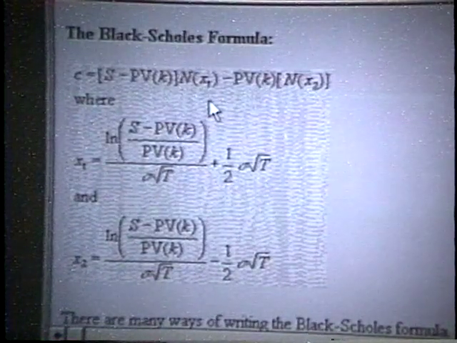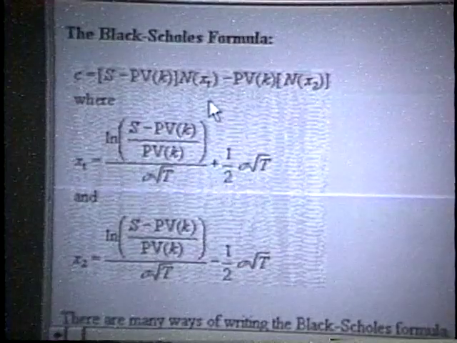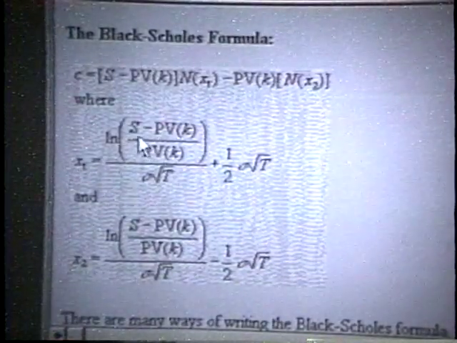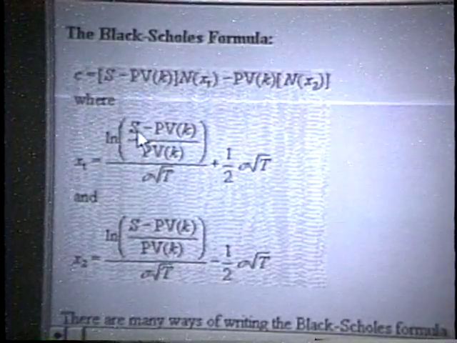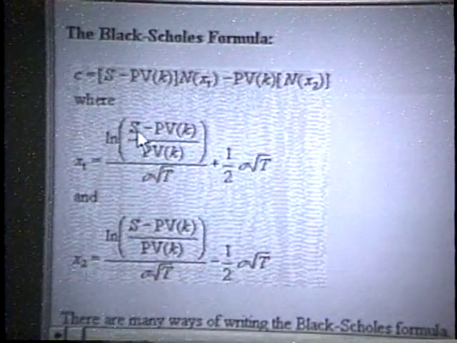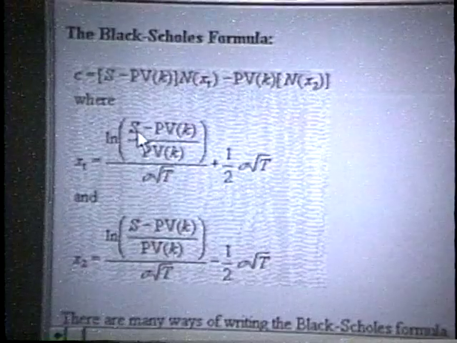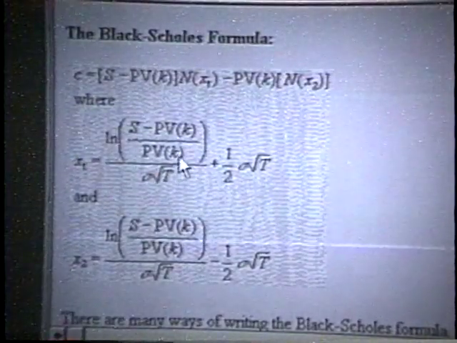So let me try to do a bit of an example here in our heads without putting the numbers to it. Suppose that S is way above the present value of the exercise price. They're way in the money. So S is 150, and the present value of the exercise price is like 50.